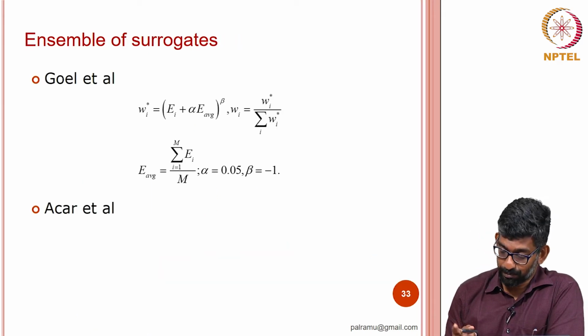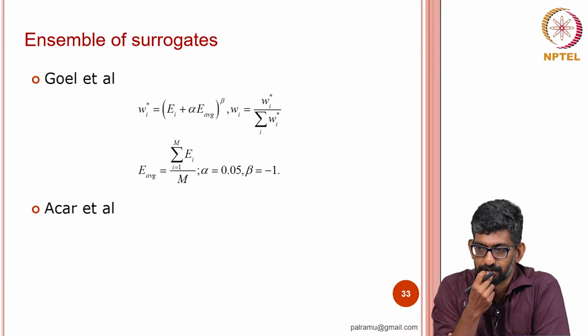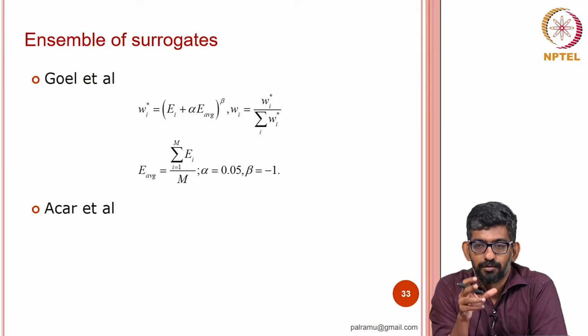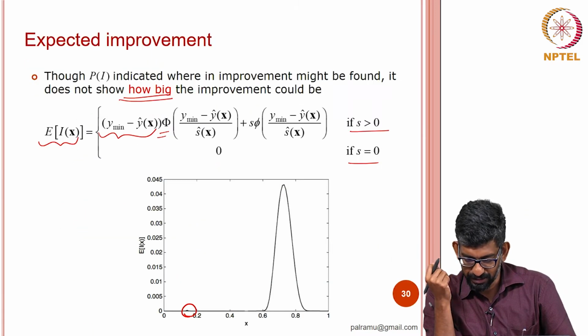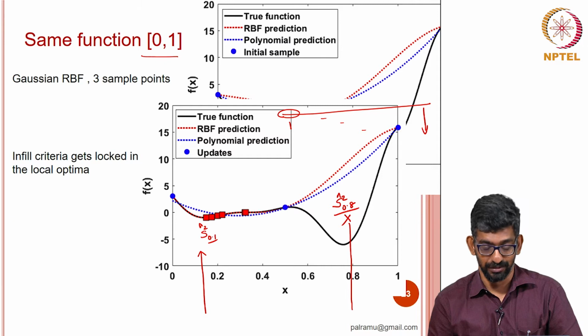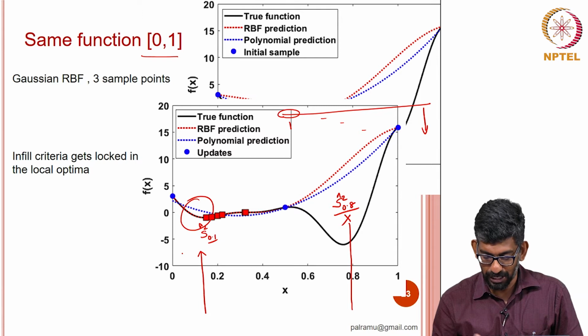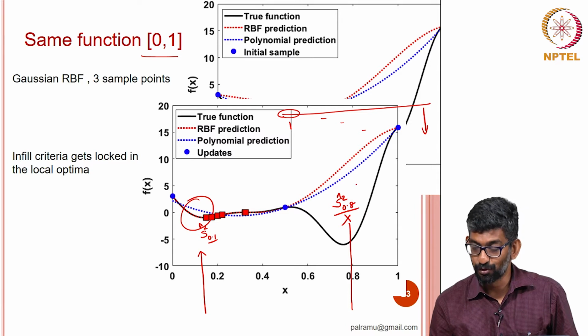The ensemble approach says that if you have n different metamodels, then across the design domain, at different points different metamodels might work better. For instance, in this particular example, at this location your RBF is performing better than your polynomial, but if you go here, though the difference is less, the polynomial is performing better than your RBF.